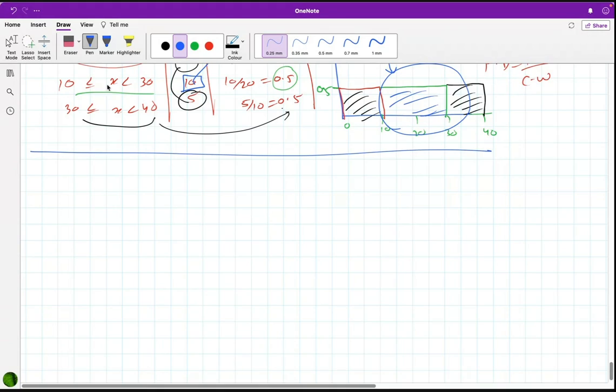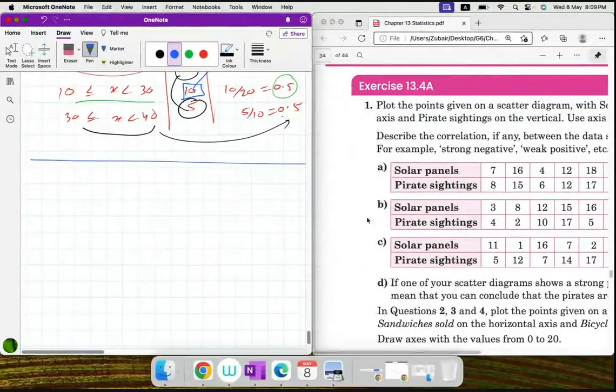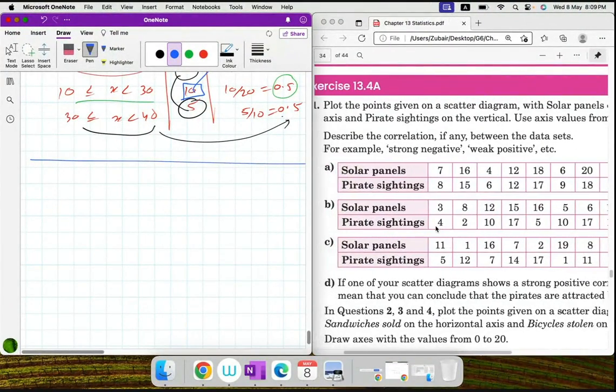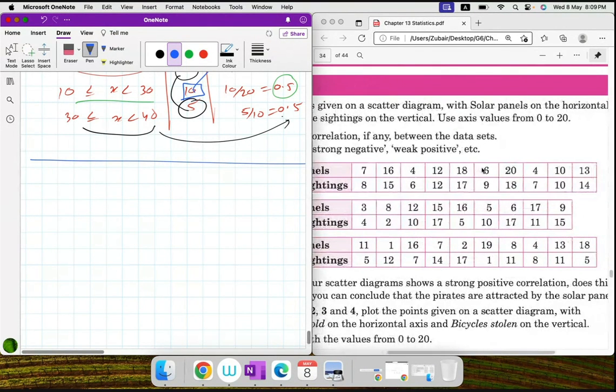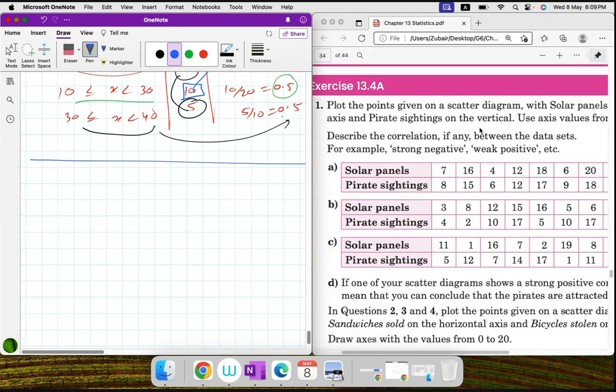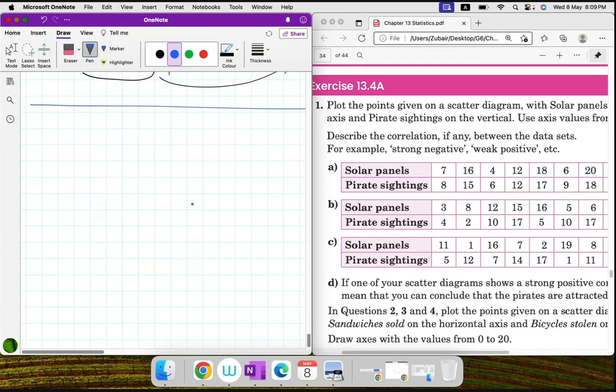Okay. It says use axes from 0 to 20 and describe the correlation, if there is any, between the sets of data, for example strong, negative, weak, and so on. I'm going to use 0 to 20, as all the values are positive.